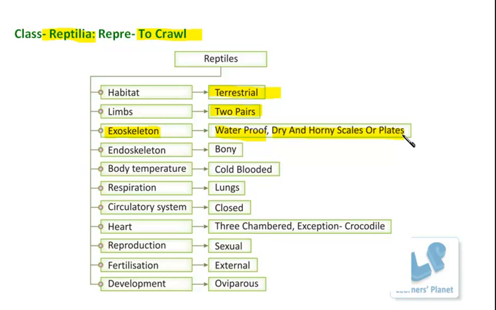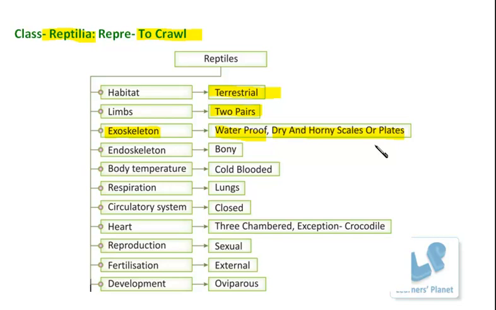Of course, these dry horny plates or scales are secreted by the epidermis, or they are embedded into the skin or into the epidermis, and are supported by the underlying dermal plates. And these underlying dermal plates are bony in nature. So now you can imagine how strong these dry plates are, isn't it?